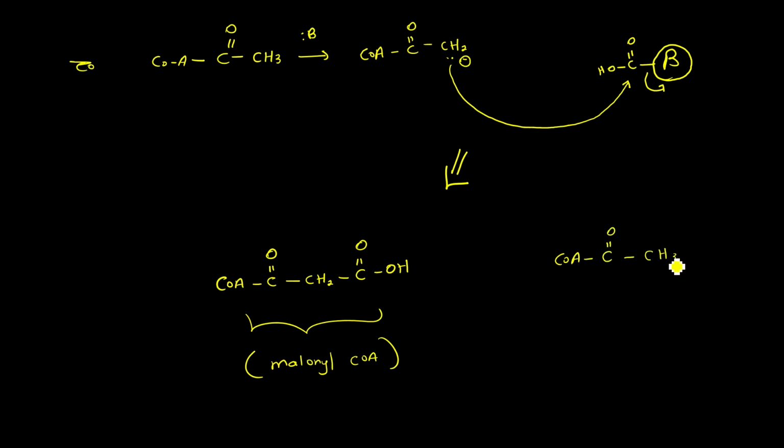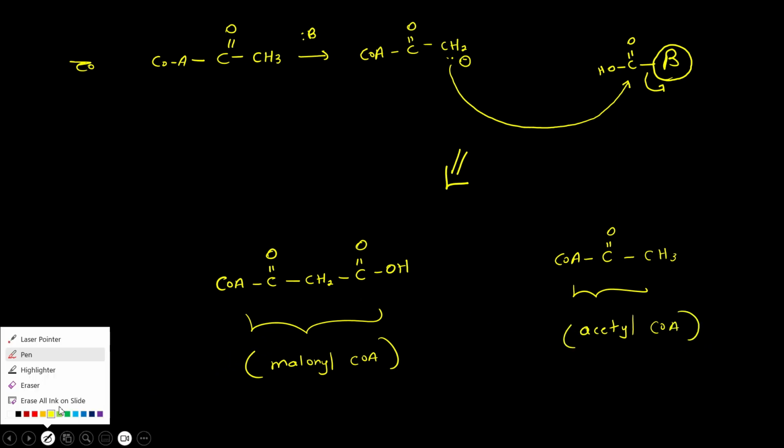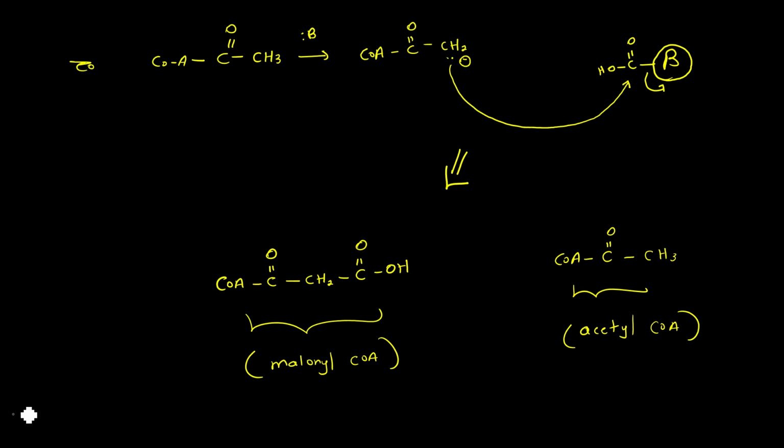I just use these two molecules for comparison. This is acetyl coenzyme A. Look at the main difference between these two, which is the acidity. Here we have the alpha carbon, and here we have the alpha carbon.